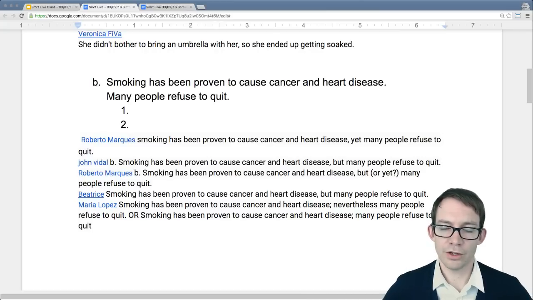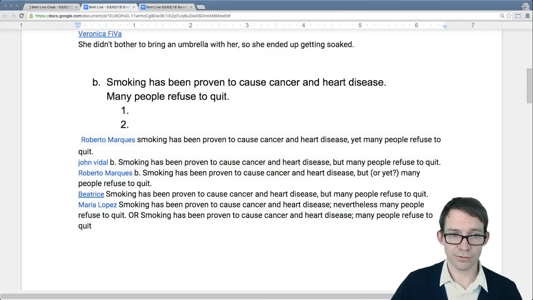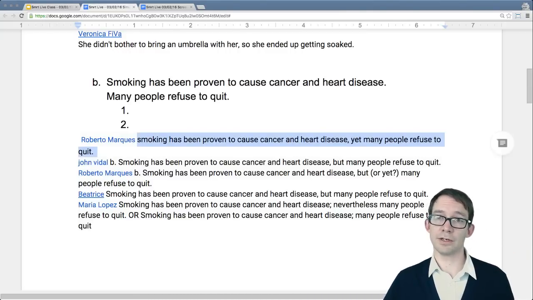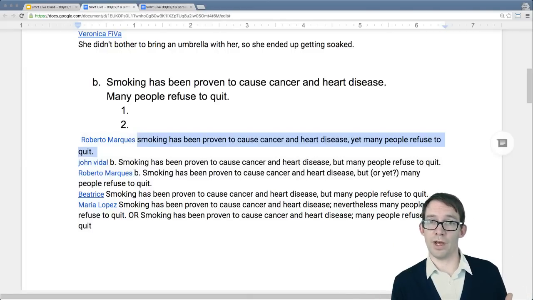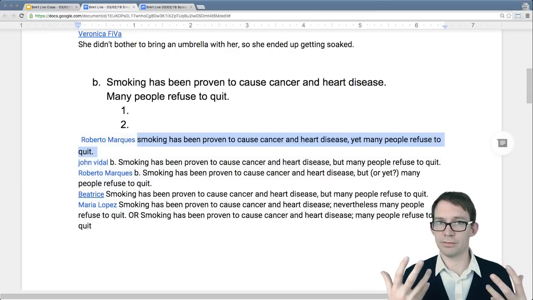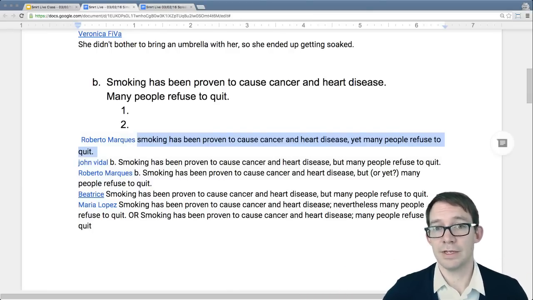But usually yet shows a more surprising contrast, right? Like in this case, Roberto's sentence here, smoking causes cancer and heart disease. So because of that, you would expect that people would want to quit, but they don't. So that contrast is quite surprising, and therefore you would use yet, right?